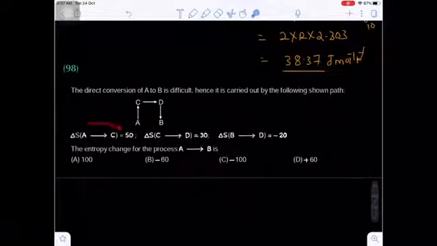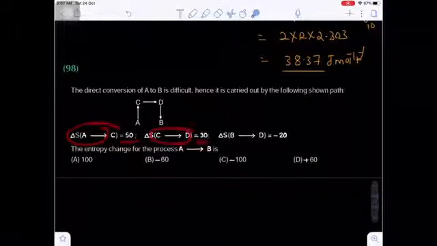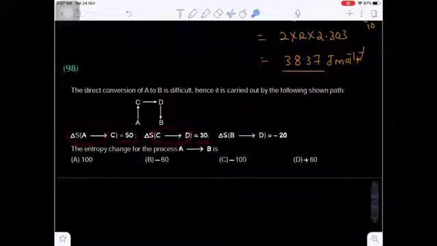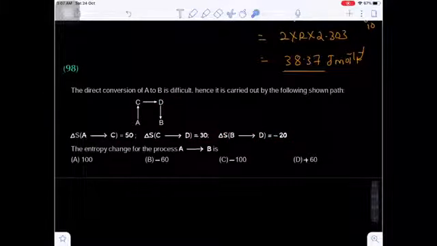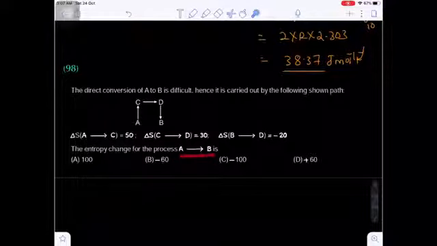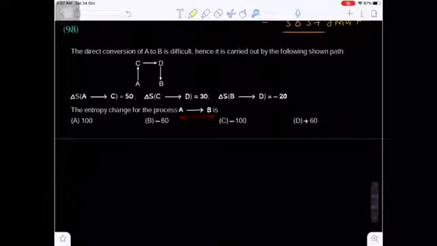The entropy changes are: path A to C, 50; path C to D, 30; and path B to D given, not D to B, that will be minus 20. And the question is to find the entropy change from A to B.